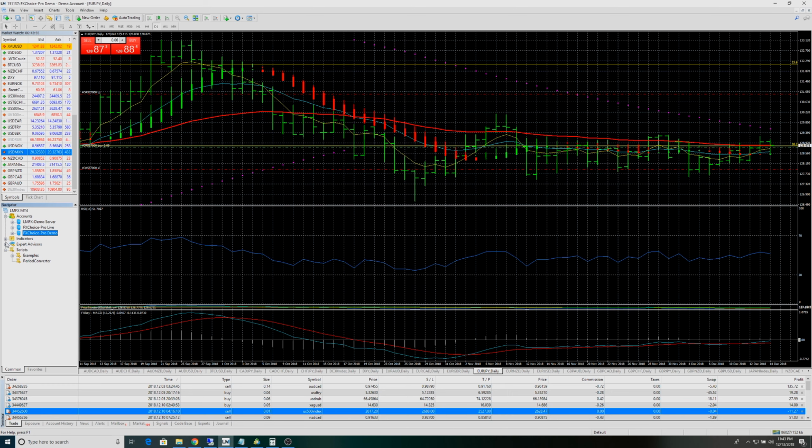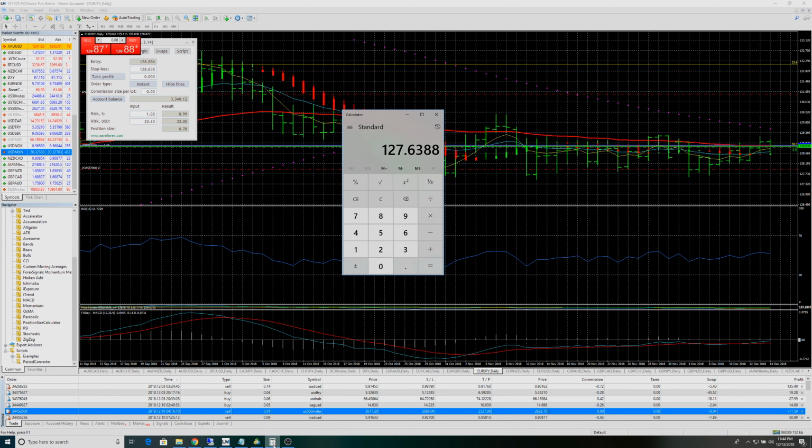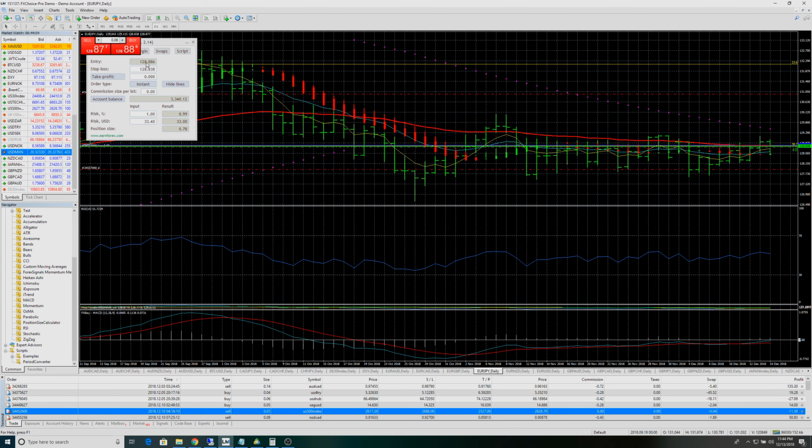So if we come here, use our position size calculator, 127.638. So this is giving us our suggested stop value down here if we were to enter this trade right now. And you can see it's actually got a take profit up here.